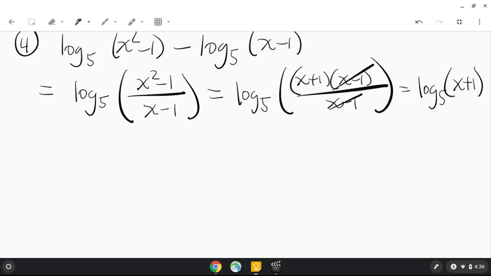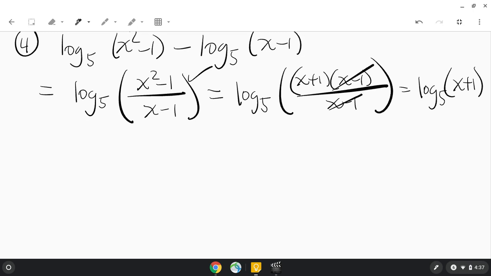This simplifying bit you might have to do on your homework. But if you get at least this far, applying the properties correctly, on the test, normally you would get most of the points.